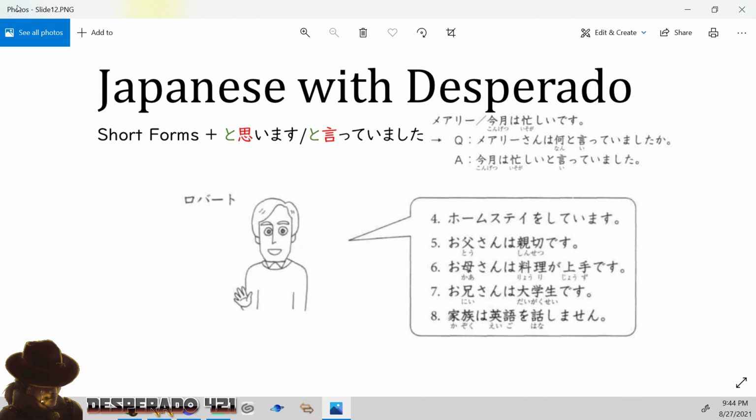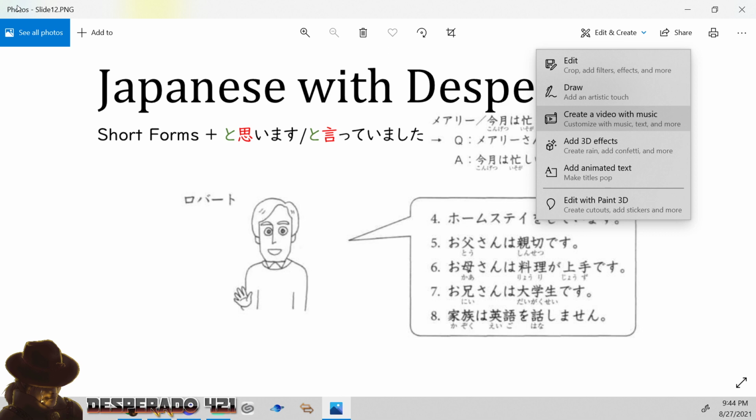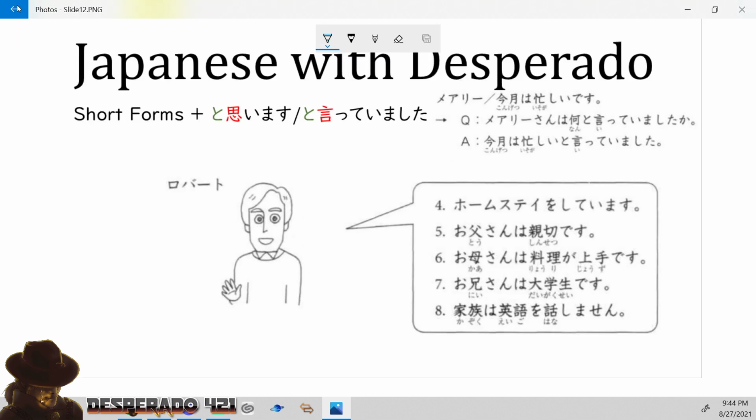Hey, now we got Robert. Robato. All right, so I have the Mary example up here at the very top from the last page. But just remember that it's not Mary, it's Robato. Okay. So what is he doing here, Robato, for number 4?